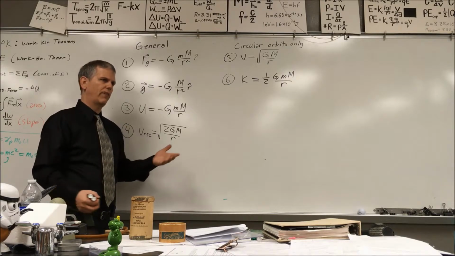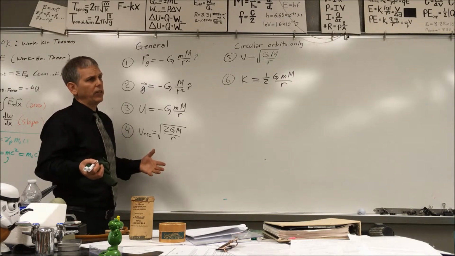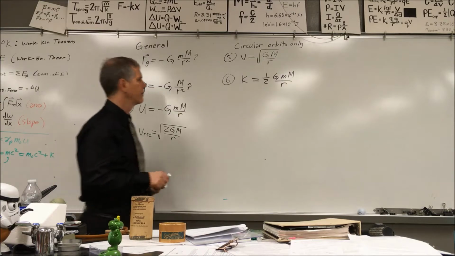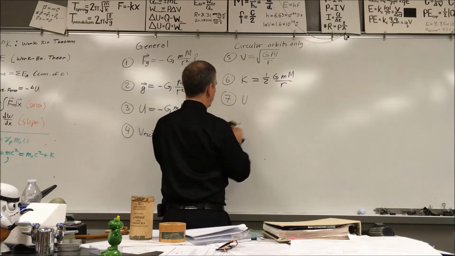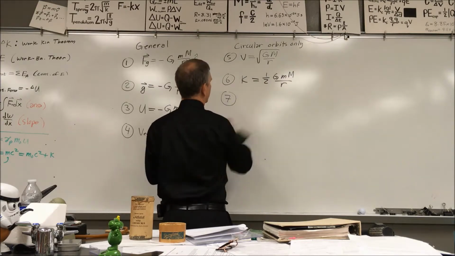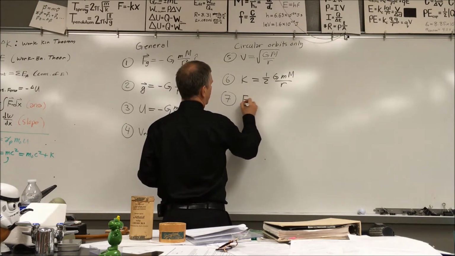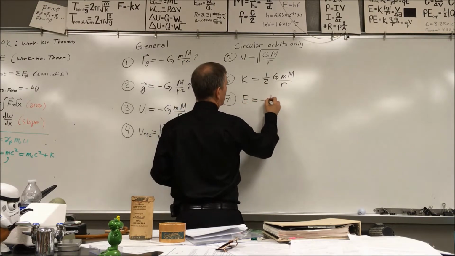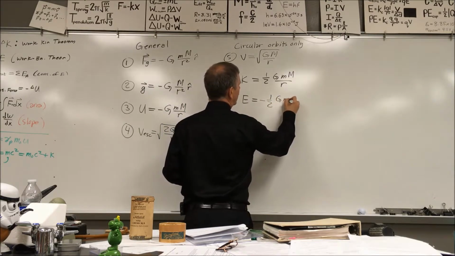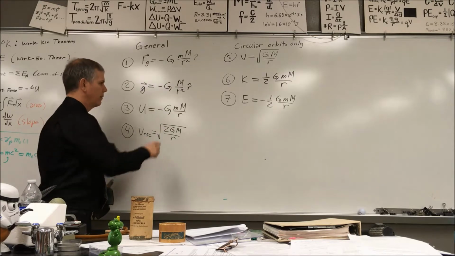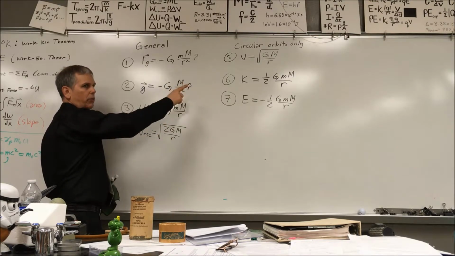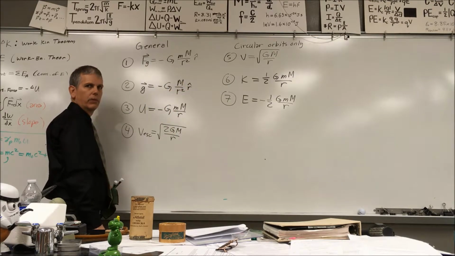And of course, if we have your kinetic energy and your potential energy, we can find your total energy. My total energy, which is U plus K, will equal negative 1/2 G Mm over r. Again, negative 1 plus 1/2 gives me negative 1/2.